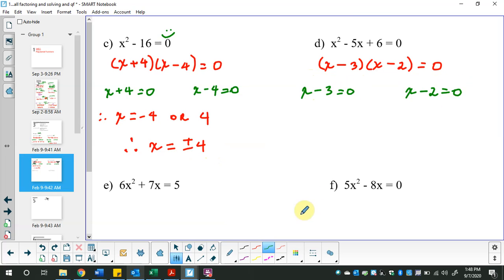If you have the ability to imagine this -3 crossing the equal sign and becoming positive, opposite operations, and if you can imagine this -2 crossing the equal sign and becoming positive, then you can do that in your head.